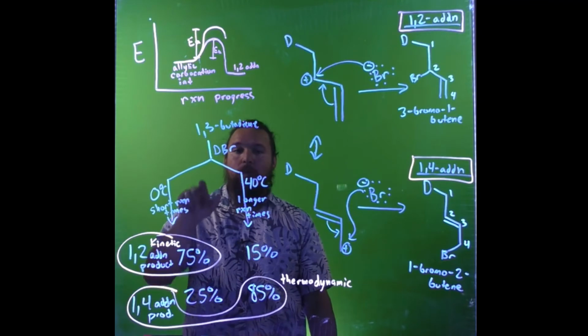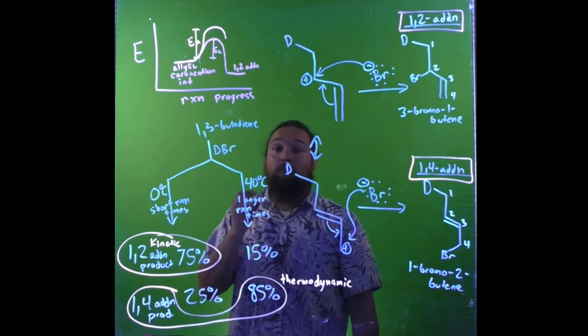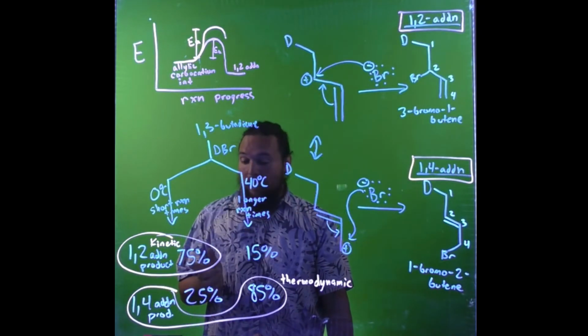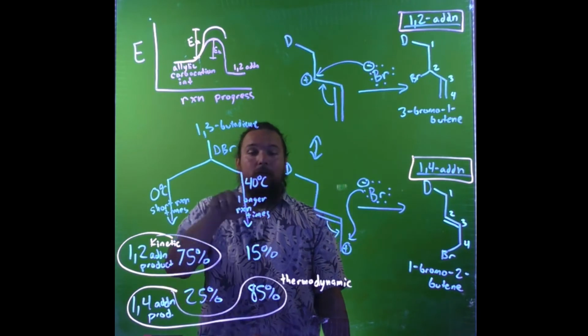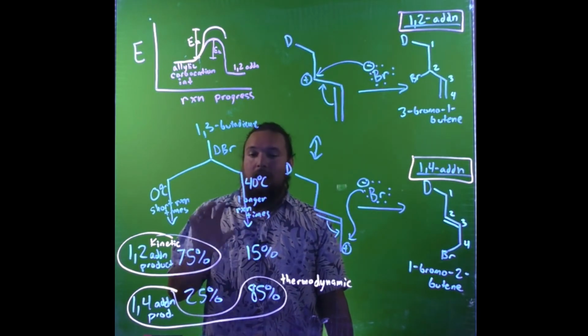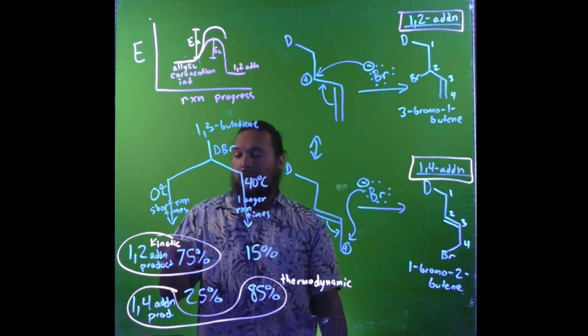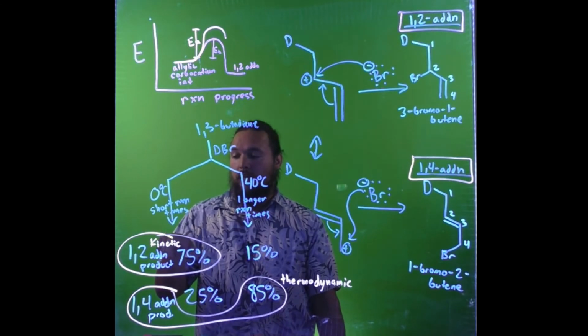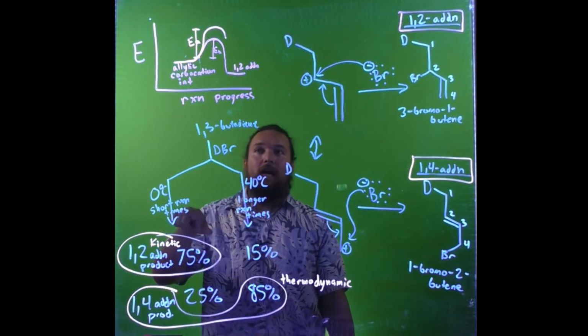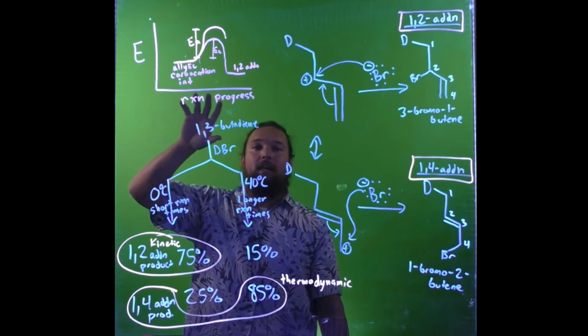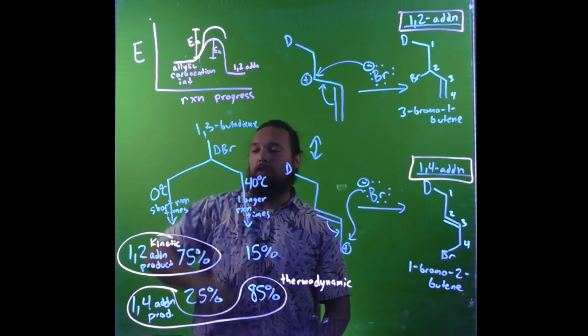But when we increase the temperature, now we have more energy available. Under kinetic conditions, we do short reaction times. And basically, with not enough energy, this is an irreversible reaction.